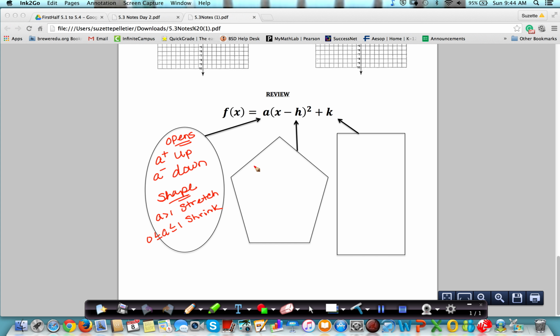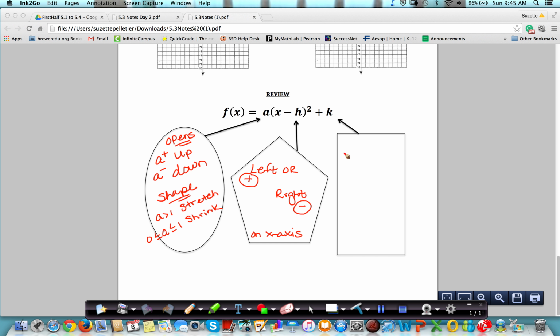H tells us our horizontal movement, so left or right. If it's positive, we move left, and if it's negative, we move right. So that is on the x-axis, remember, because it's left or right. That's tricky. We do the opposite of what's inside of the parentheses.